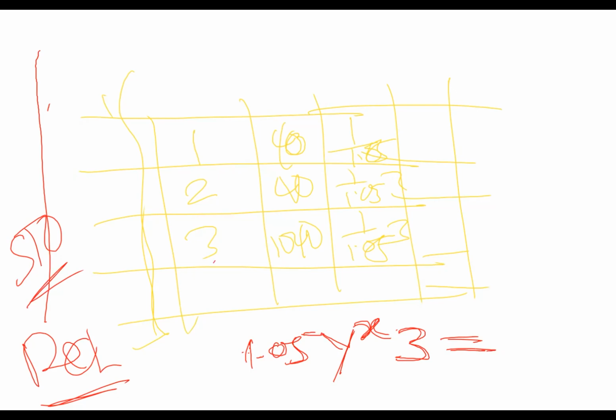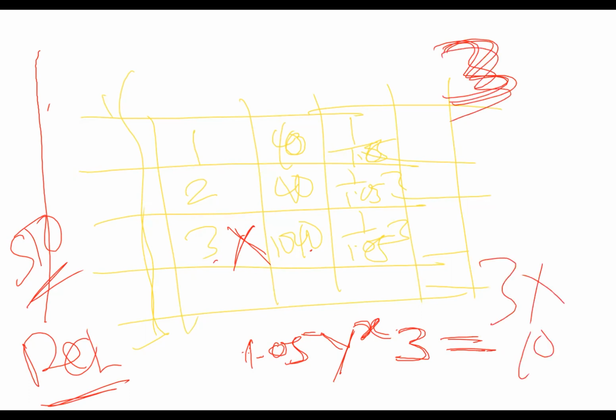So now take 3 times 1040. Don't do it in your head. Use the calculator. 3 times 1040 is 3120.